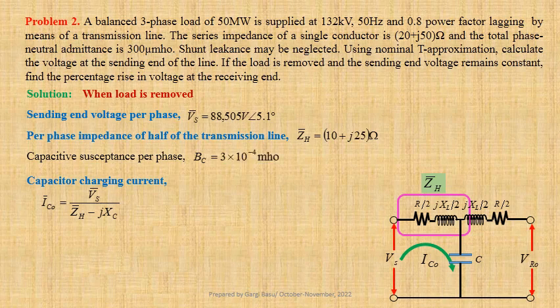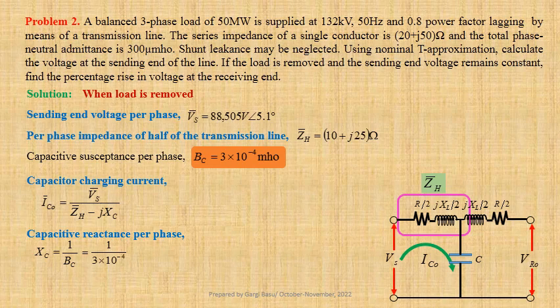Let us now calculate capacitive reactance per phase. Xc equals to 1 upon Bc, that is equal to 1 upon 3 into 10 to the power minus 4. That gives us 3333.3333 ohm. Now we shall calculate ZH minus j times Xc.